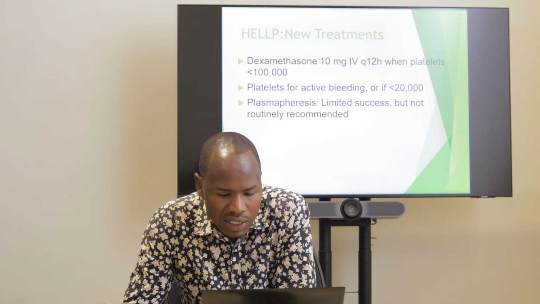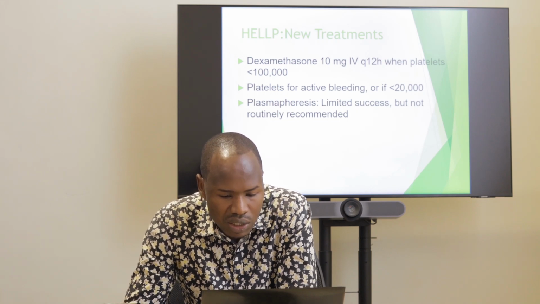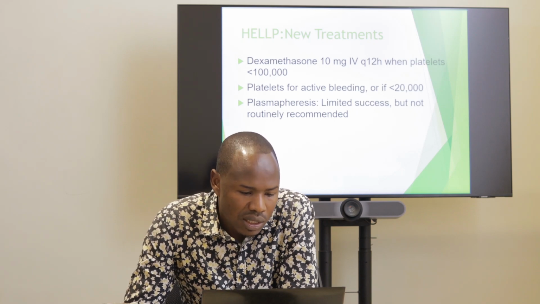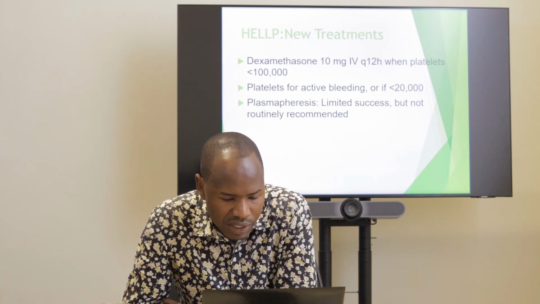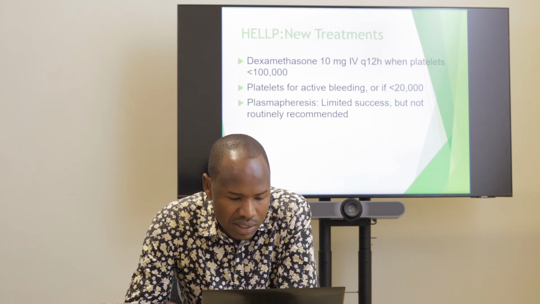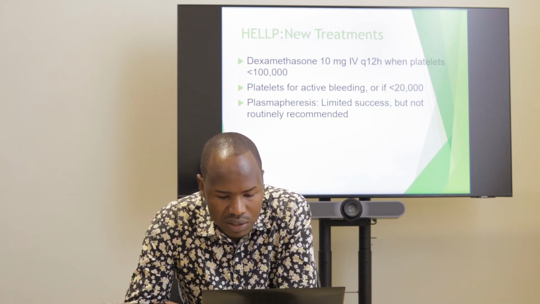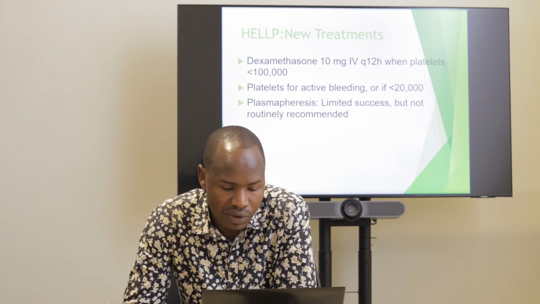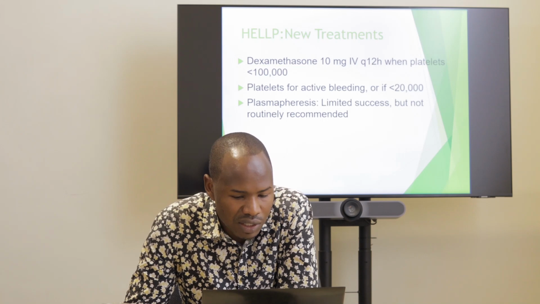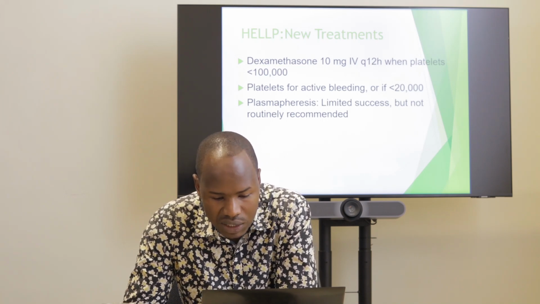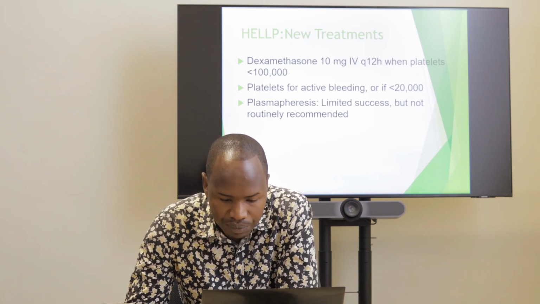Also, if platelets are less than 20,000, we also have to give platelets. There is plasmapheresis, which has limited success. This is where the plasma is filtered and given to the client, but it is not routinely recommended. So we have to give dexamethasone and platelets if there is active bleeding or platelets are less than 20,000.